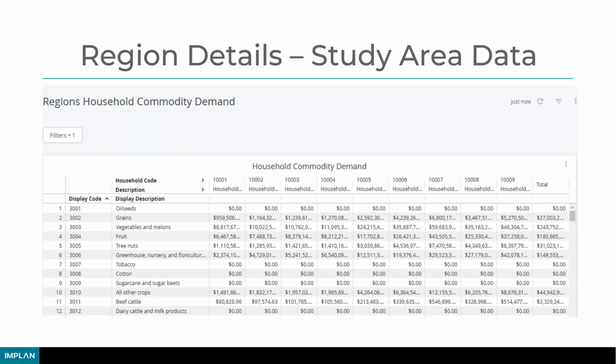How much are they spending on things like fruit, on beef, on greenhouse products? And so what this does is give you an understanding of where those households are spending their money on particular outputs for goods. And these are households in that region spending on these types of products or these types of commodities.